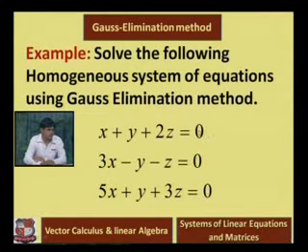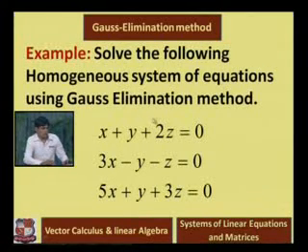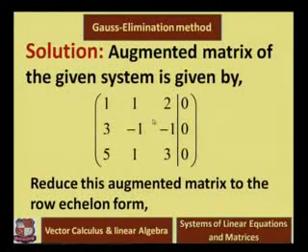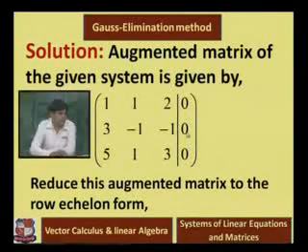Note that the right hand side entries are all 0, which means that this is the case of a homogeneous system. So write that homogeneous system in an augmented matrix: 1 1 2 0, 3 minus 1 minus 1 0, 5 1 3 and 0.